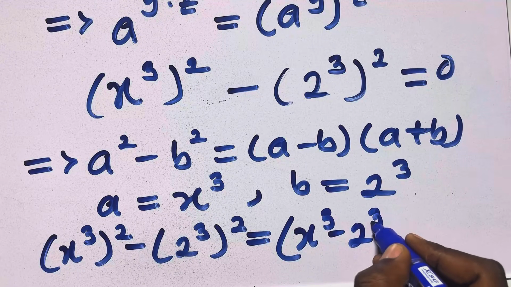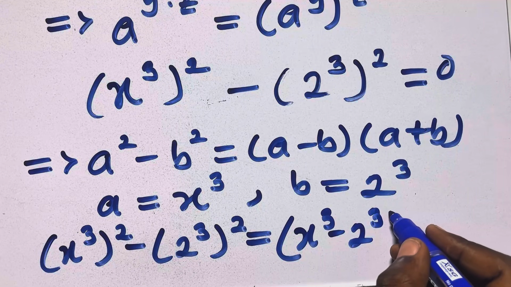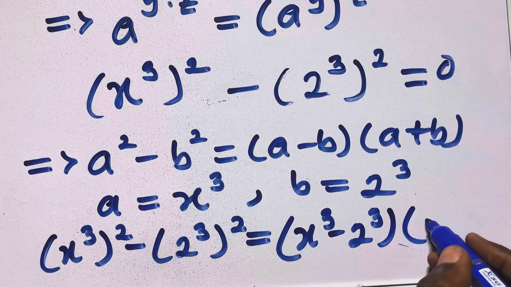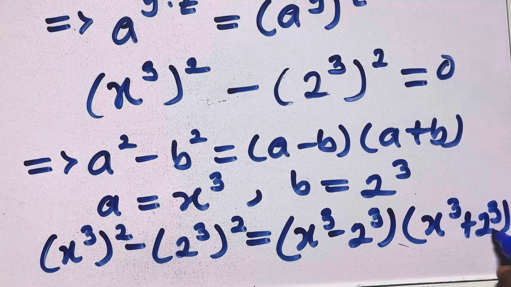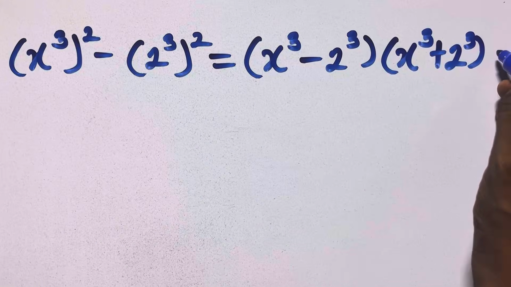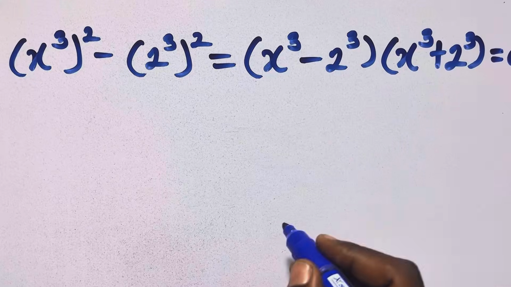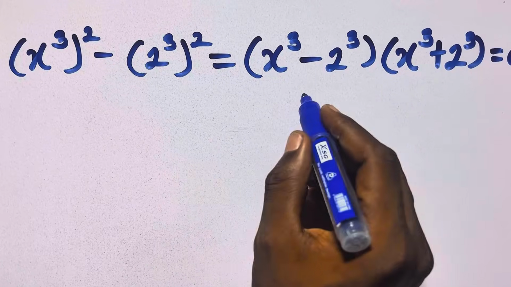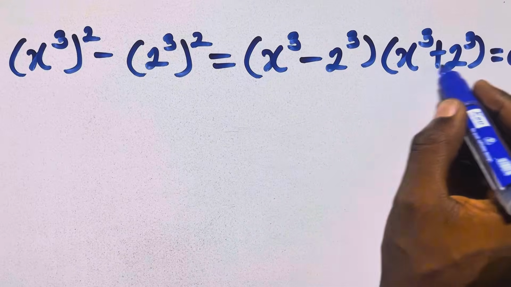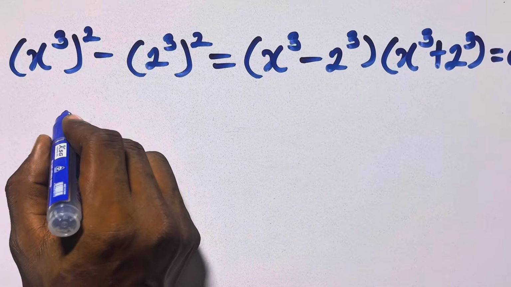minus 2 raised to the power 3, then x raised to the power 3 plus 2 raised to the power 3, and we equate everything to 0. After that, we equate each of these factors to 0.